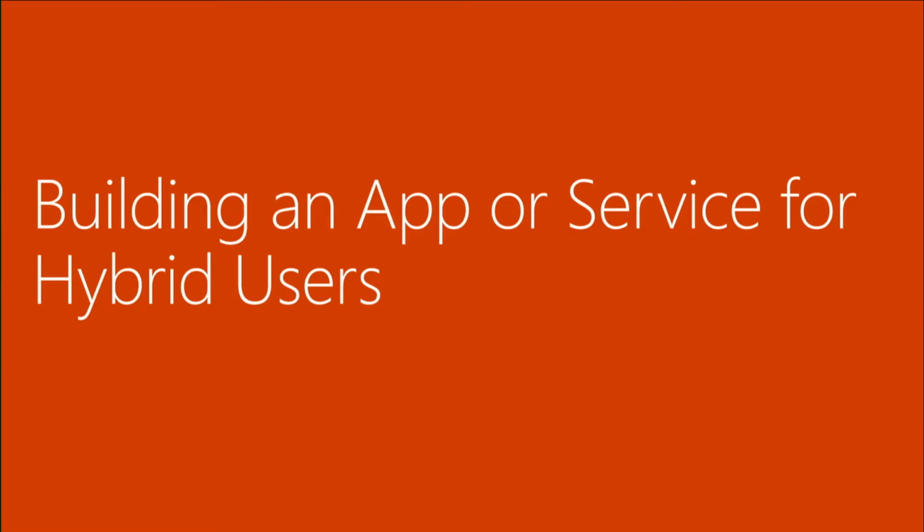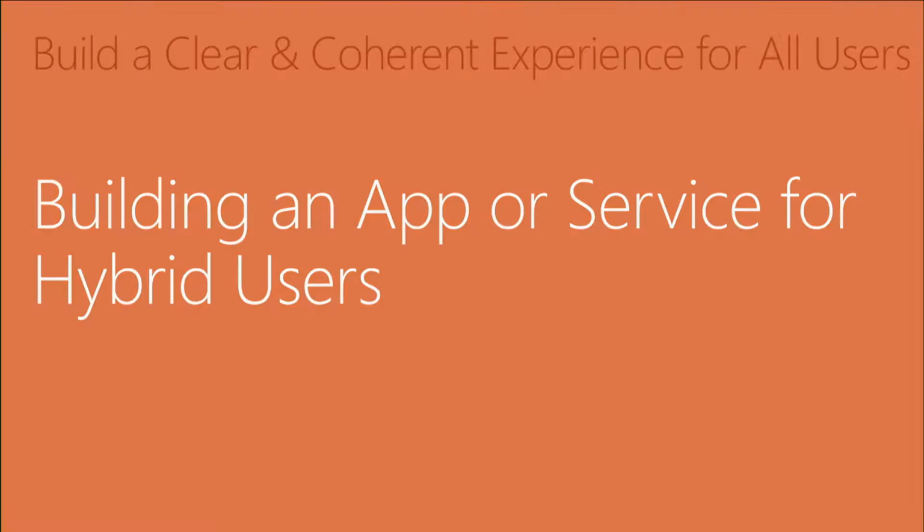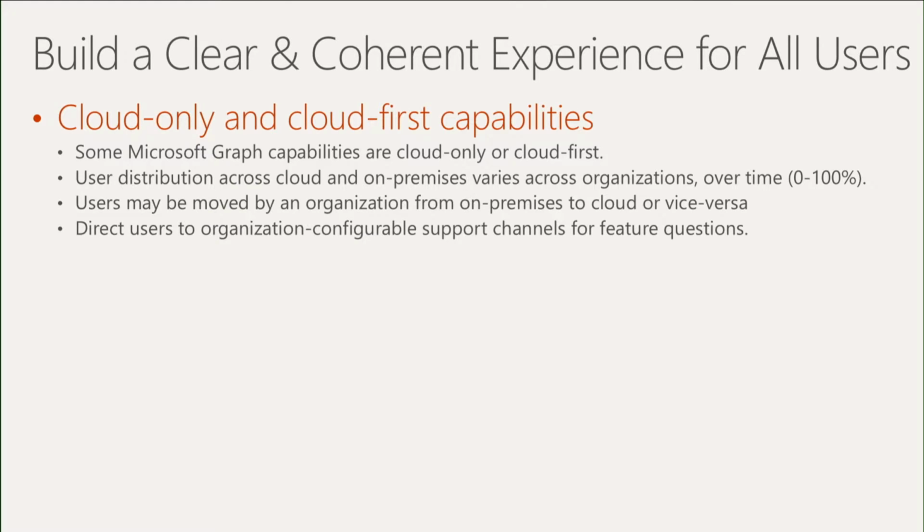So I'm going to switch tracks and go to building an app or service for hybrid users. What are the things to keep in mind? We have done our best to make this as simple as possible, but here's something the app developer must be aware of. To build a coherent and meaningful experience for the users, they have to account for the fact that some capabilities are going to be available only in the cloud, or may be available in the cloud before they're shipped on premises.